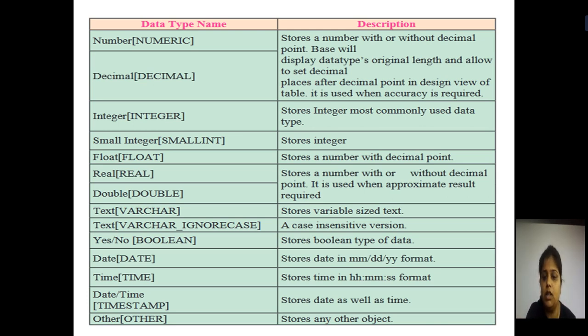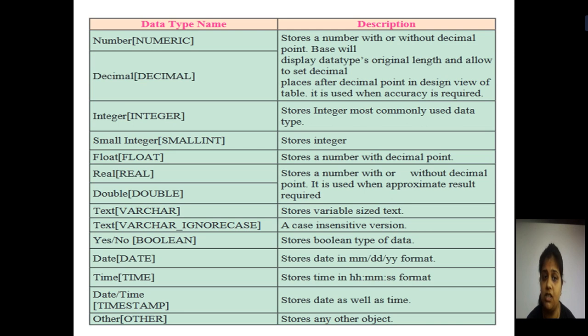Date time will be used to store your date as well as the time. And the last data type is other, in which you can store any other object which you want to store in your table. Okay, so these are the different data types.